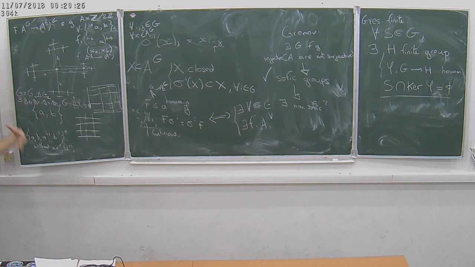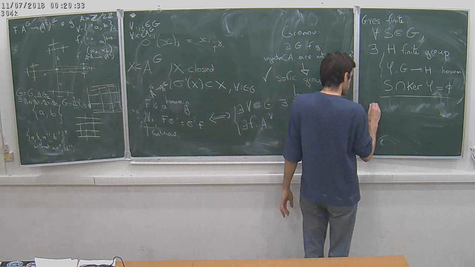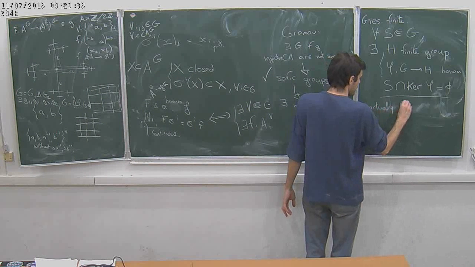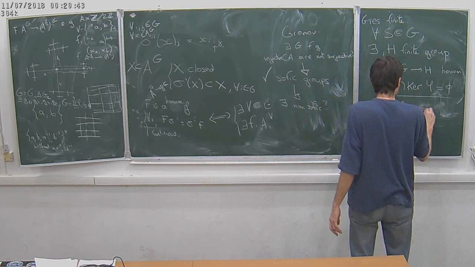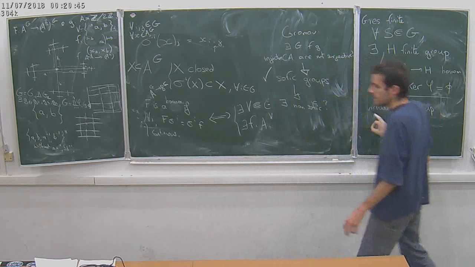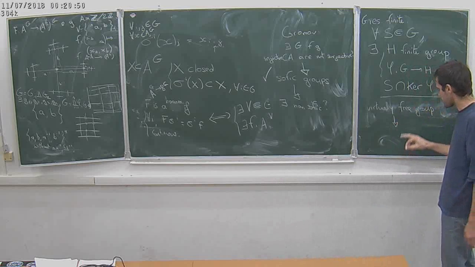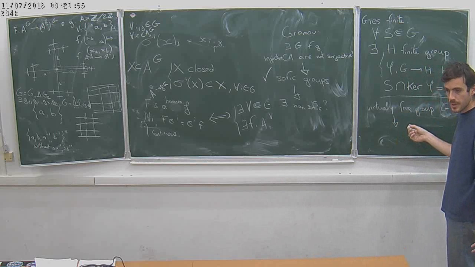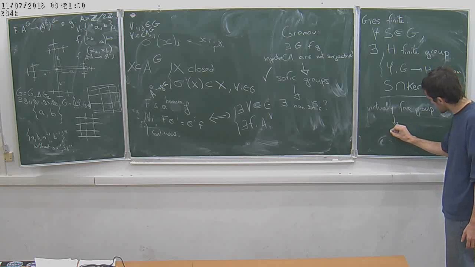But if we are dealing with static things, with subshifts, a very relevant property is the property of being a virtually free group. Virtually free group means G has a free subgroup of finite index.